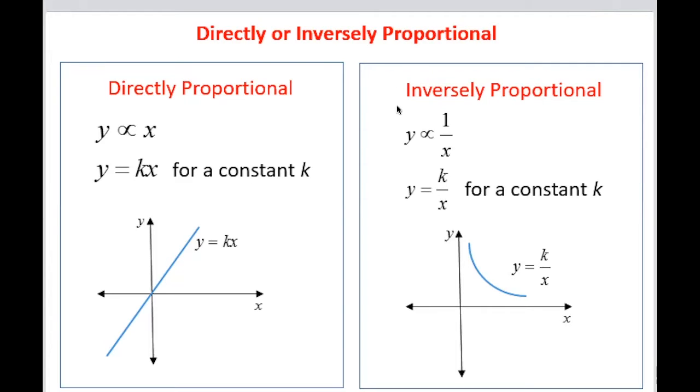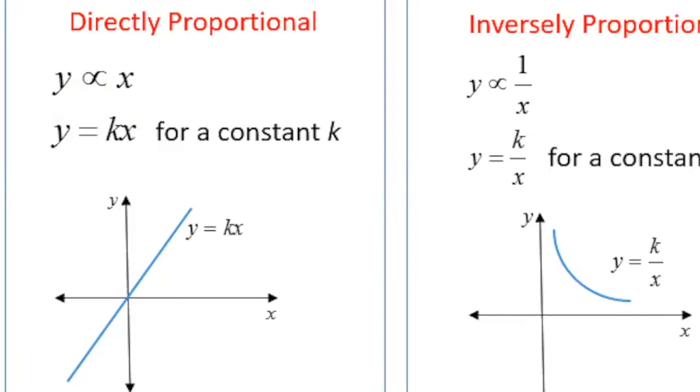Let's have a quick look at directly or inversely proportional relationships for y and x. If y is directly proportional to x, we write y directly proportional to x, and we write y is equal to kx, where k is a constant of proportionality.